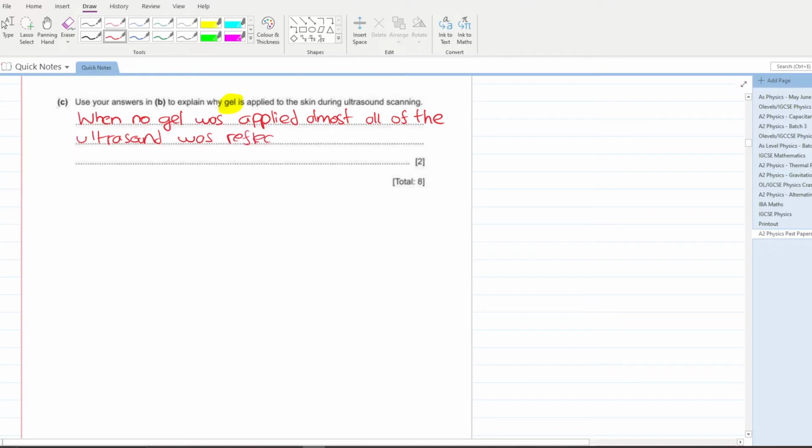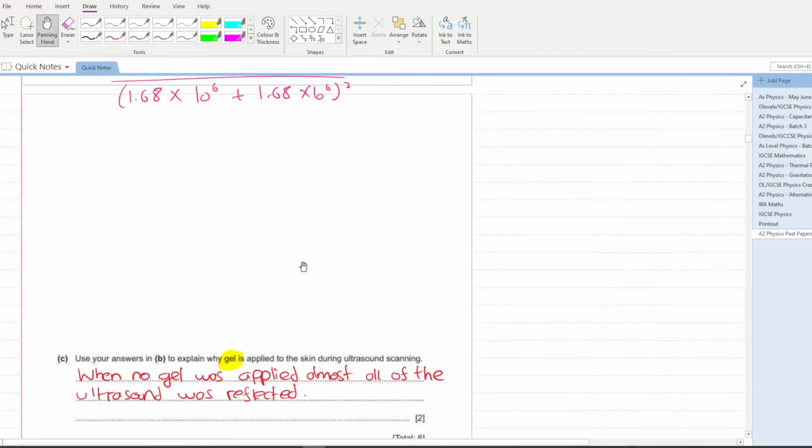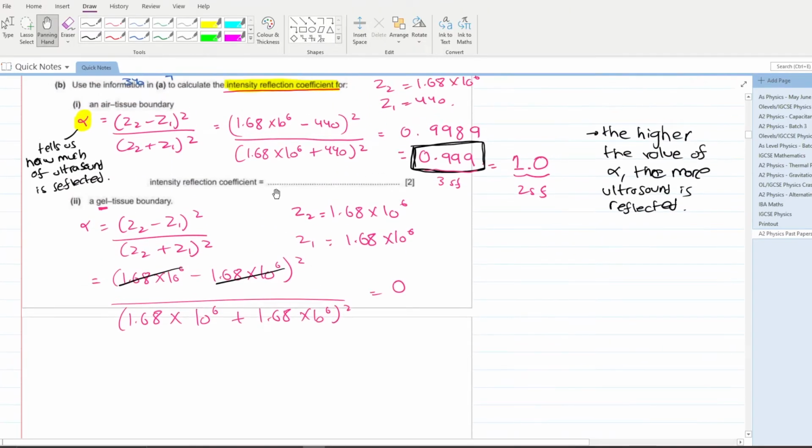Why? Because to create an ultrasound image, we want ultrasound to be transmitted. As we applied a gel in place of air, most of the ultrasound was absorbed or transmitted. As you can see, the value is 0 here.